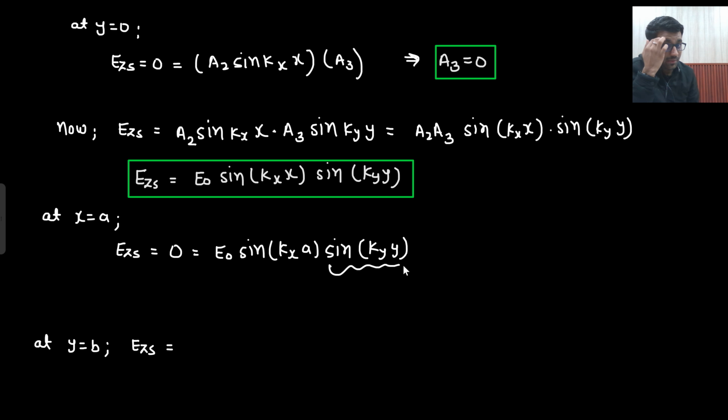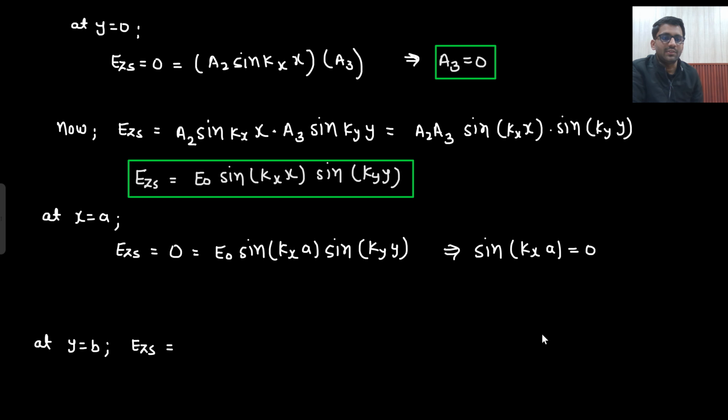So certainly I cannot comment about this. Now E naught is an amplitude, so that cannot be 0. So which guy has to be 0 now? This guy has to be 0. So from here what you are getting? That your sin kx into a has to be 0.